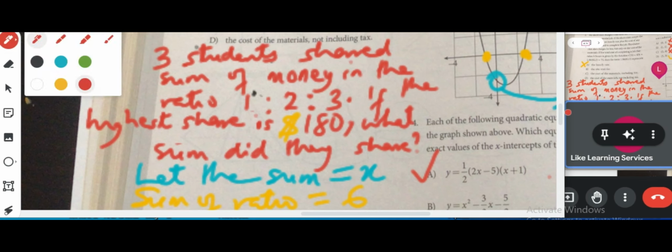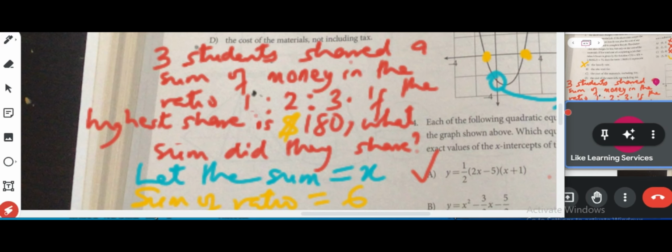We don't know how much that is. But they shared in the ratio of 1 to 2 to 3. Now the highest share is $180. What sum did they actually share? That sum we do not know. I call that x.